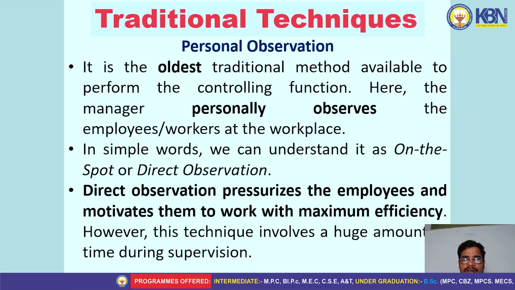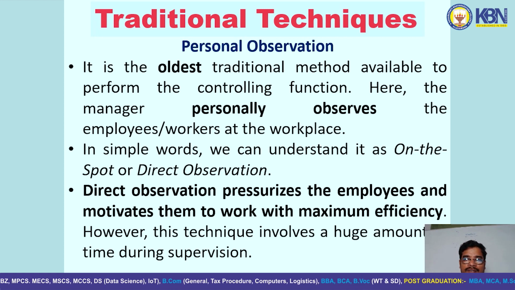Coming to the first one, traditional techniques. Under traditional techniques, the first point is personal observation. It is the oldest traditional method available to perform the controlling function. Here the manager personally observes the employees or workers at the workplace.